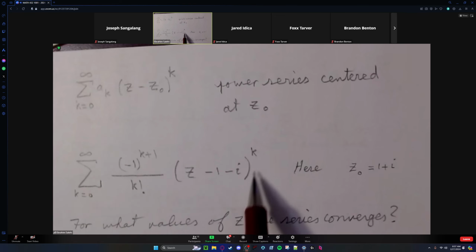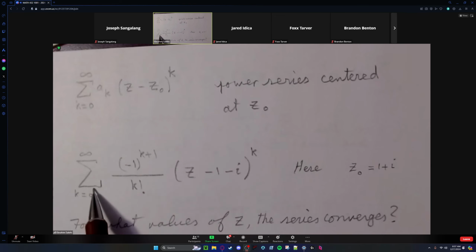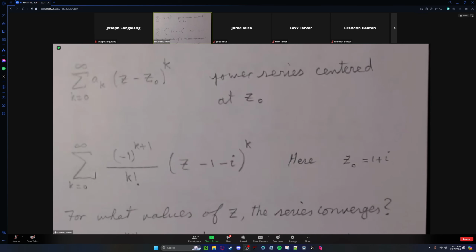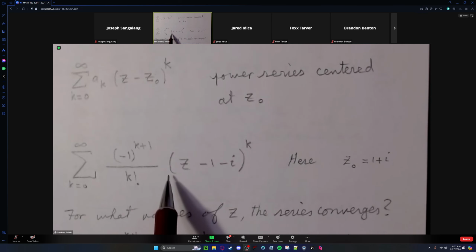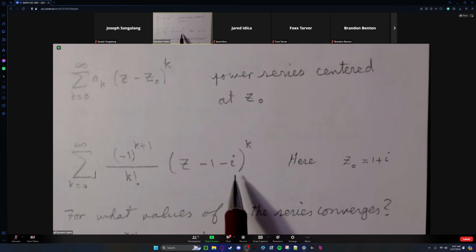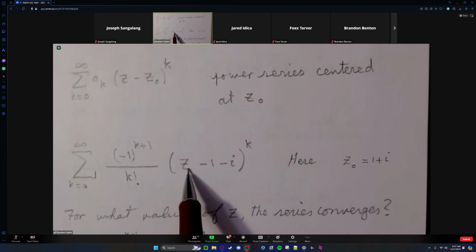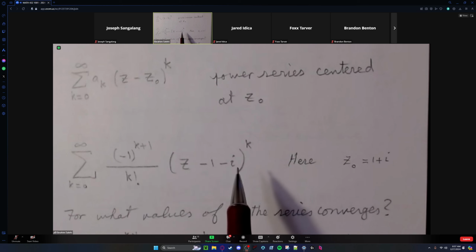Here is a sequence generating this series. By examining this generating sequence, we are making a judgment on that infinite summation. That is the very important part. Anyways, this series converges everywhere. No matter what Z, it converges all the time.